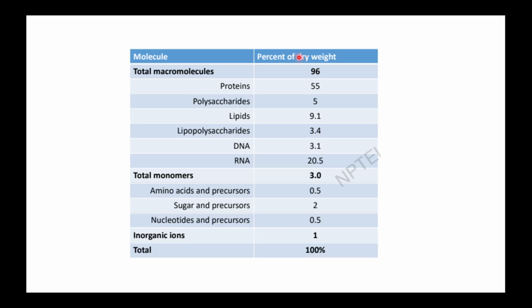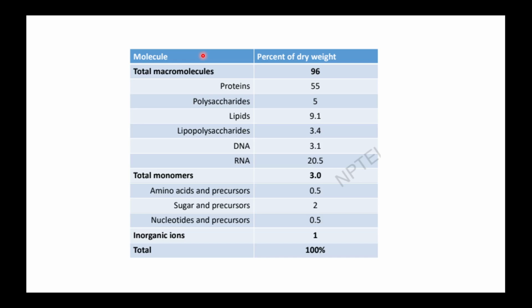Macromolecules make up 96% of the dry weight. There are different macromolecules in the cell: proteins, polysaccharides, lipids, lipopolysaccharide, DNA, RNA. Of these, the major portion, 55%, is proteins.